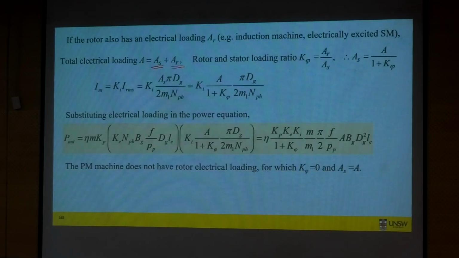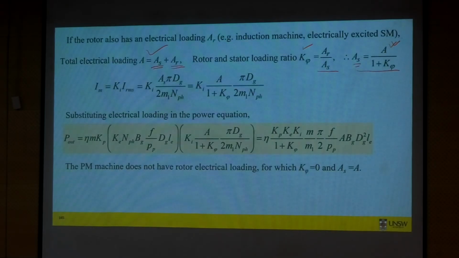You may not need to calculate the rotor current loading if we can determine a ratio between the stator and rotor current loading. This ratio is K phi. Then the stator current loading can be expressed as the total current loading over 1 plus this ratio.